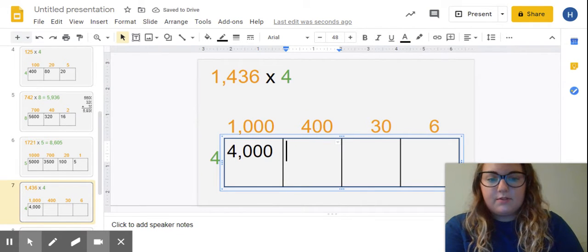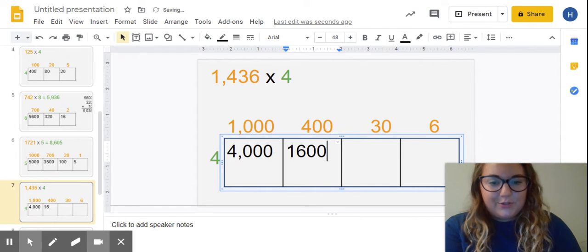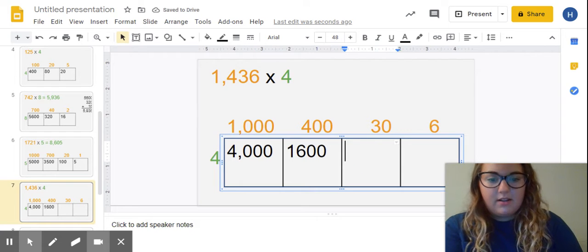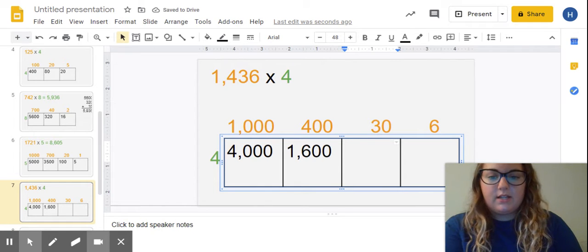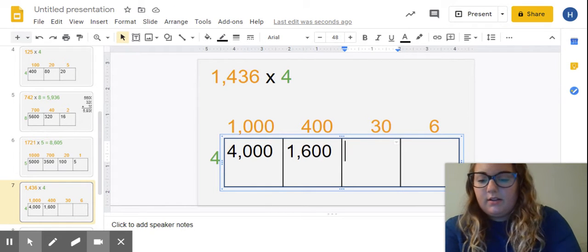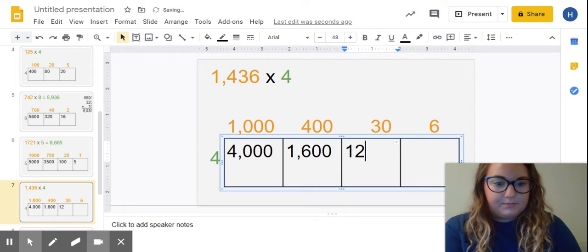4 times 400, 4 times 4 is 16. I have 2 zeros at the end, so I need to add 2 zeros at the end of my 16, making it 1,600. 4 times 30, once again, I know 4 times 3 equals 12.